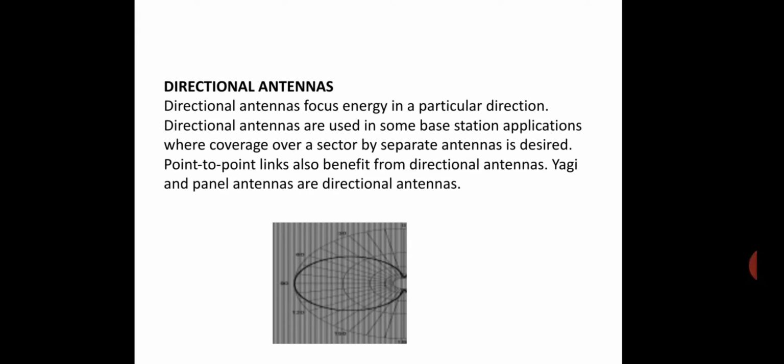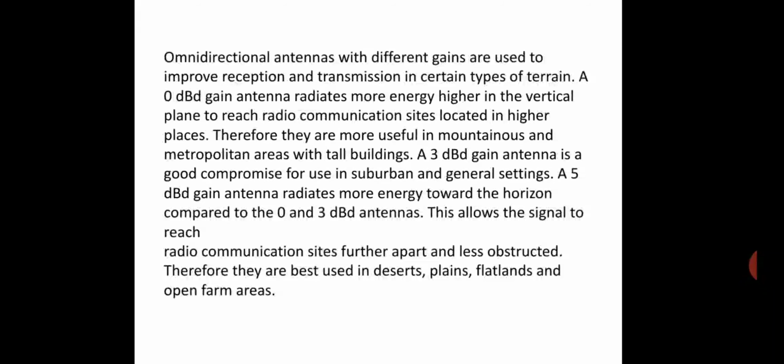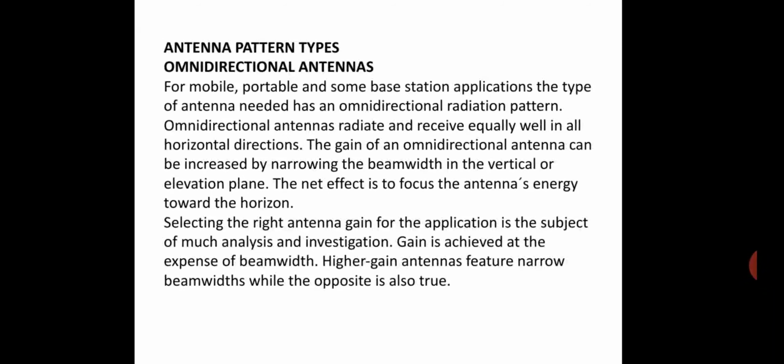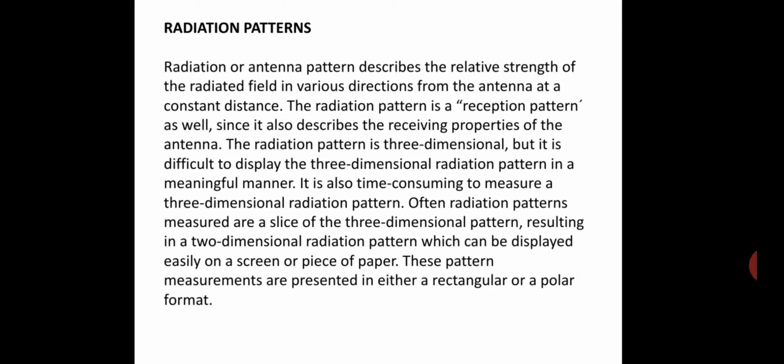Comparing the front to back ratio of a directional antenna is often useful. This is the ratio of the maximum directivity of the antenna to its directivity in the opposite direction.